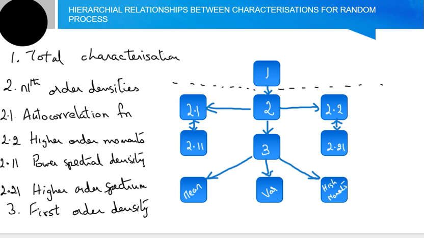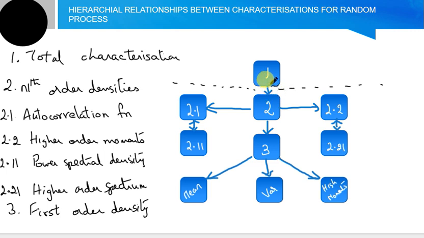So this may be pictorially represented stage-wise by the hierarchical relationships between the characterizations of the random process. At the topmost level, we have the total characterization. From 1, below that comes the partial characterization.